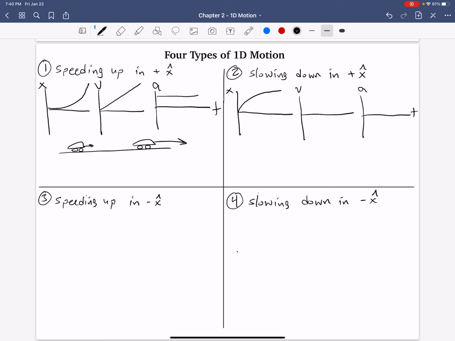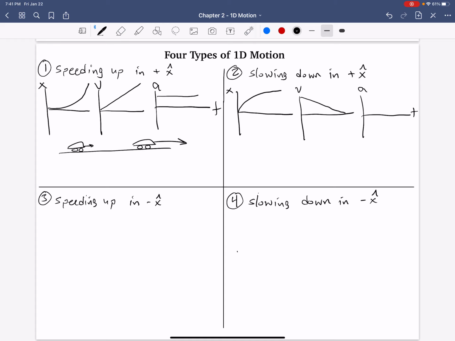So thus, the velocity versus time graph must go from some positive value down towards 0, at a constant rate. I tried to draw this curve with uniform curvature. And if that's the case, a of t, well, remember acceleration is the change in speed over time.